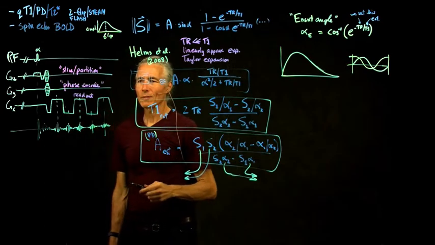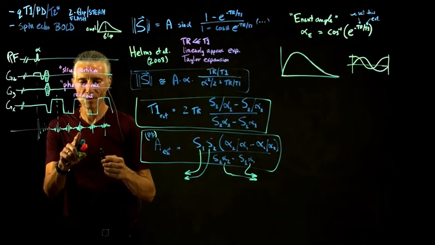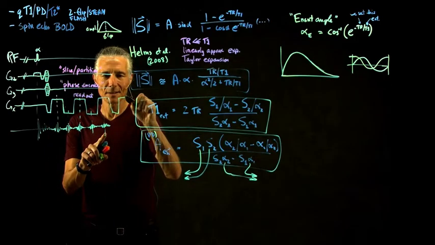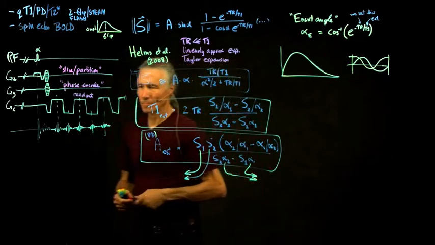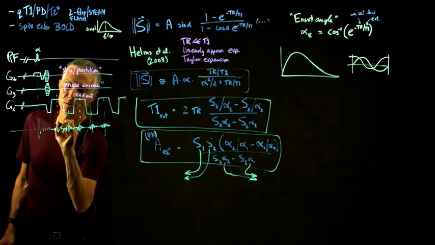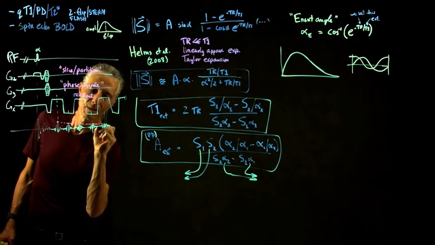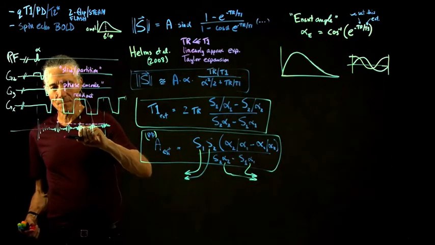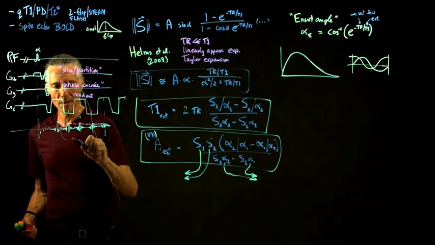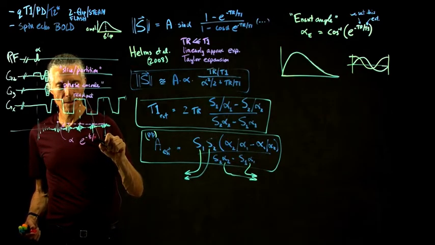So why would you want to do that? The one we have is set up to do 8 echoes, like 1, 2, 3, 4, 5, 6, etc. One reason you might want to do that is that you could calculate the T2 star by fitting a curve to this, because the signal is going to be proportional to e to the minus T over T2 star.